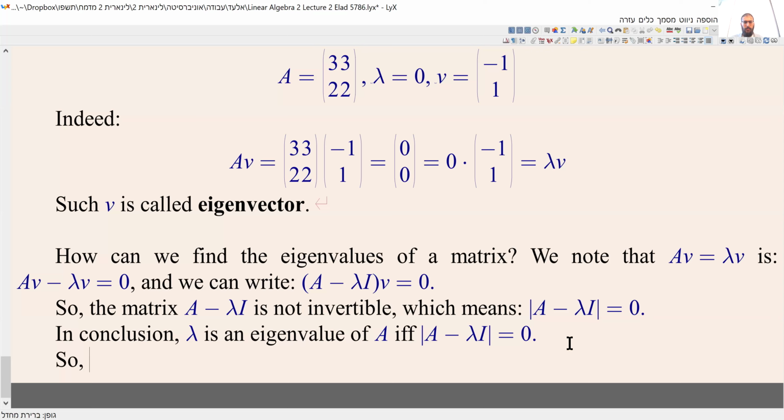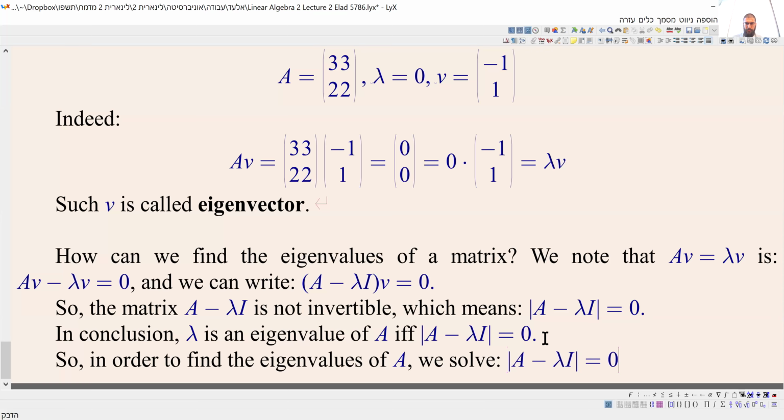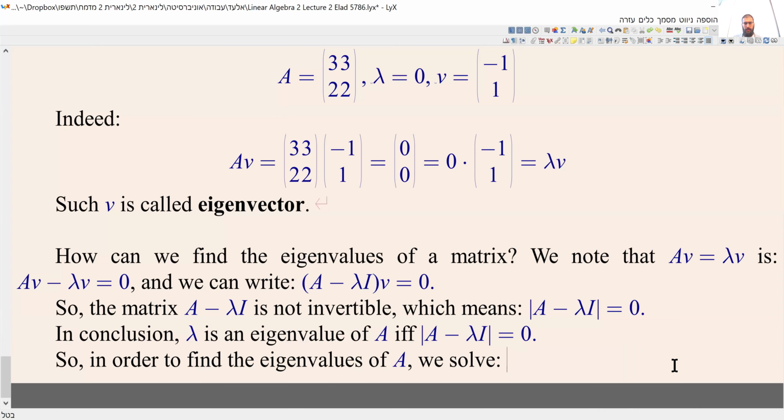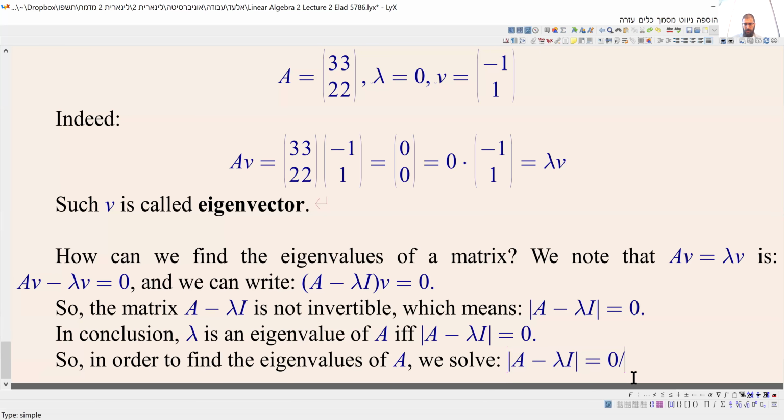So in order to find the eigenvalues of A, we solve this equation. Let's do it quickly. Running out of time.